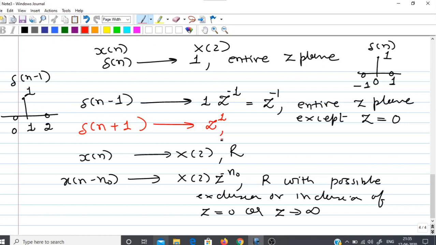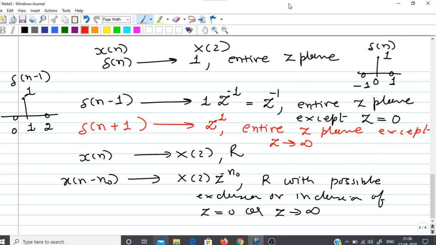Will it be the entire Z plane? No, it would be the entire Z plane except one possibility. Except what? Except z tending to infinity. So we have seen why I have written that the ROC is almost the same except for the possible exclusion or inclusion of the points z equals 0 and z tending to infinity.